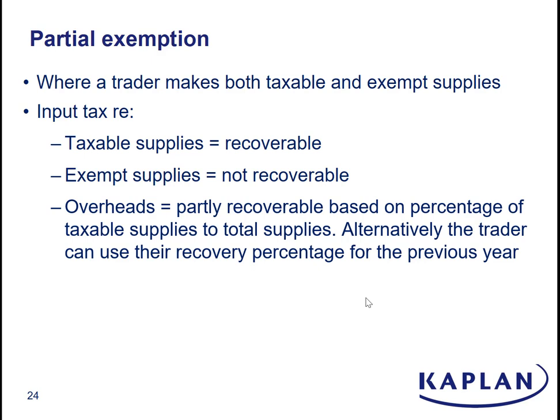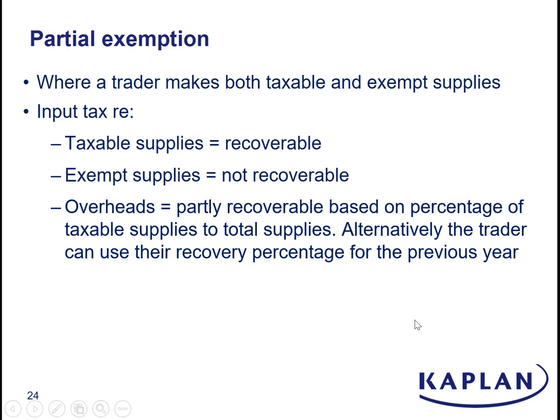However, in practice, it's not always easy to look at your costs and say, oh, well, I incur that because of my taxable supplies, or I incur that because of my exempt supplies. A lot of your costs will just be overheads relating to your business generally, and for those you are going to have to do some sort of a split, some sort of apportionment.